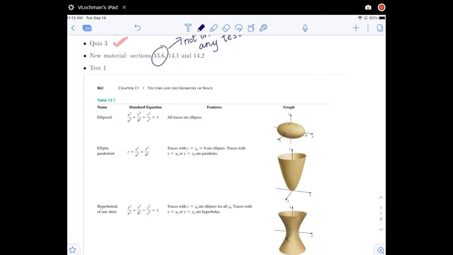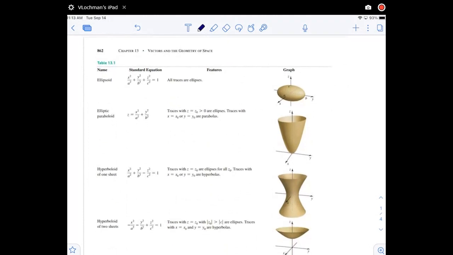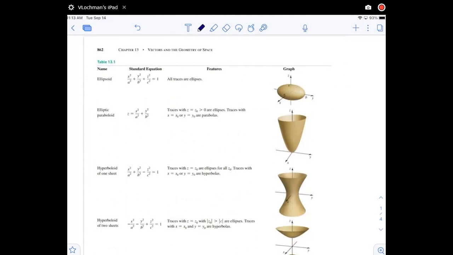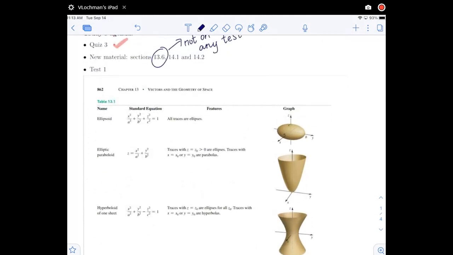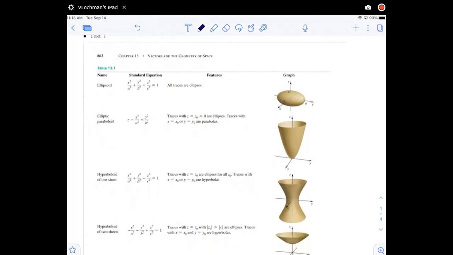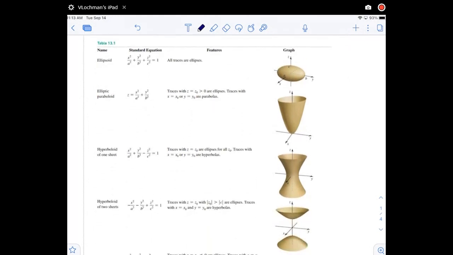All right, so let's go ahead and take a look at the basic ideas of section 13.6, which is quadratic surfaces. Okay, I'm going to briefly go through these objects, and you do not need to memorize these equations. You do not need to be able to determine what it is right away.